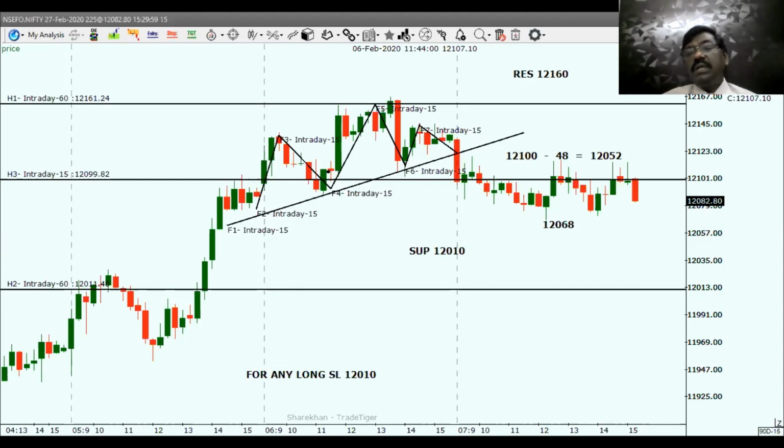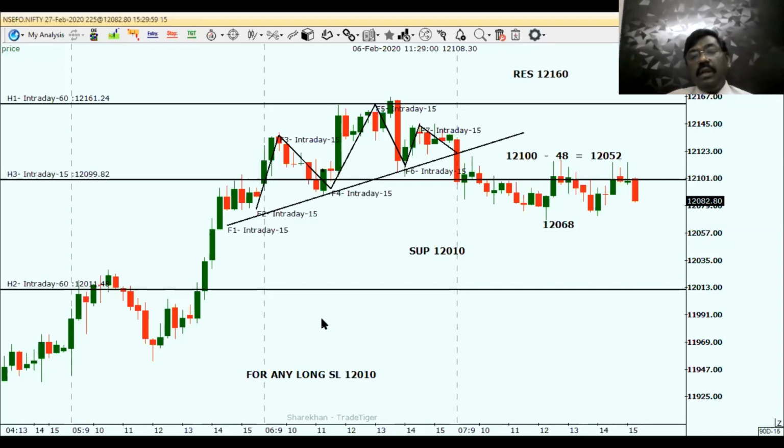The support was at 12,235. I told you if this is broken, there could be a drastic fall. So the market below this went down heavily, very, very heavily. Okay, so this is how we should trade Nifty.